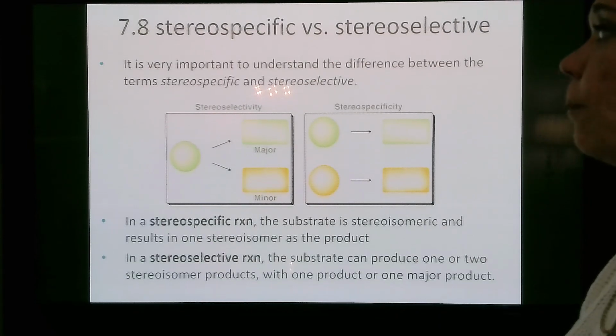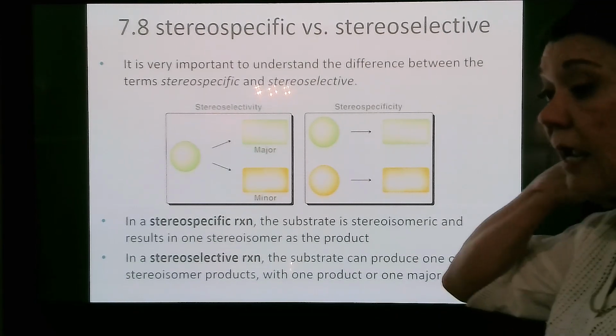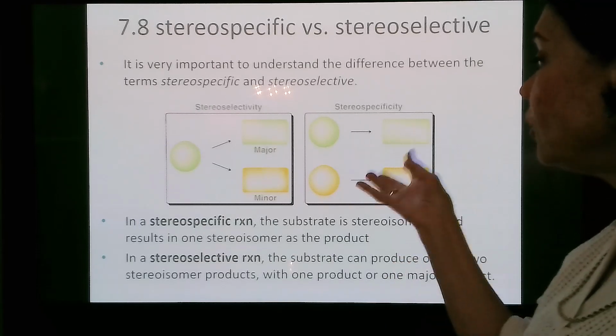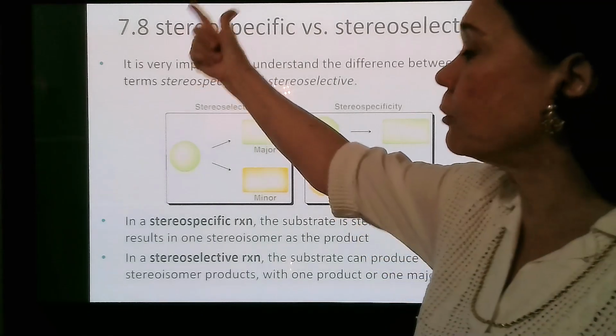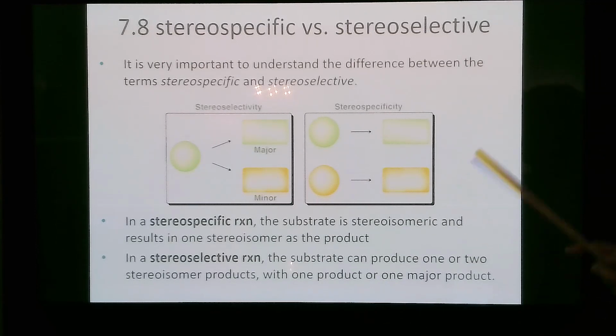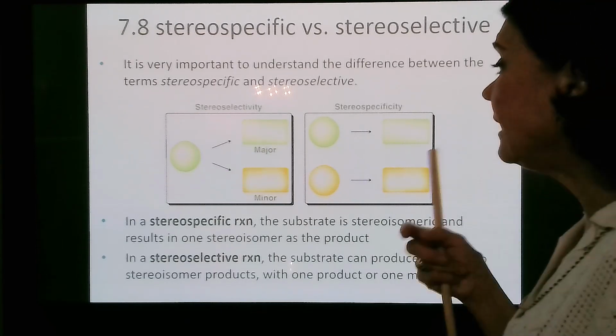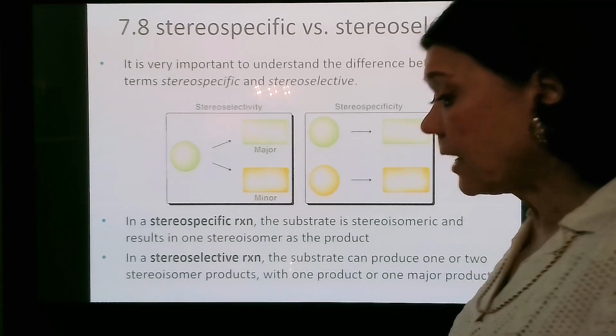Now, I want to go back to the terminology stereospecific versus stereoselective. This is pulling this out of another chapter, out of chapter 7, and you notice we're in chapter 8, but I wanted to go over this again because I think the textbook is glossing over this just a little bit. I don't think it's explained well at all in your textbook, and this is a little bit of a difficult concept to explain.